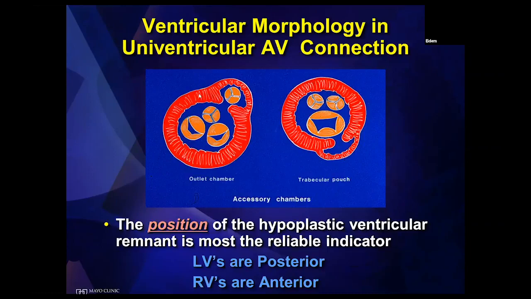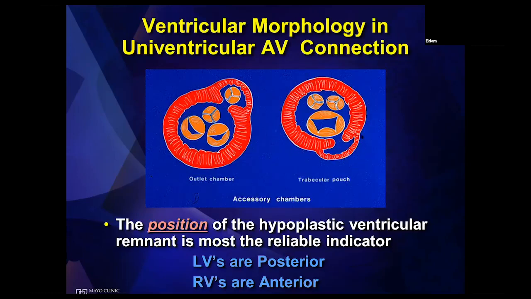So when we look at this example here, we see the remnant chamber here located anteriorly. So the larger chamber back here is going to be a morphologic left ventricle. So left ventricles are posterior, right ventricles are anterior. So if the remnant chamber anteriorly will be a right ventricle, then the dominant ventricular chamber will be a left ventricle.